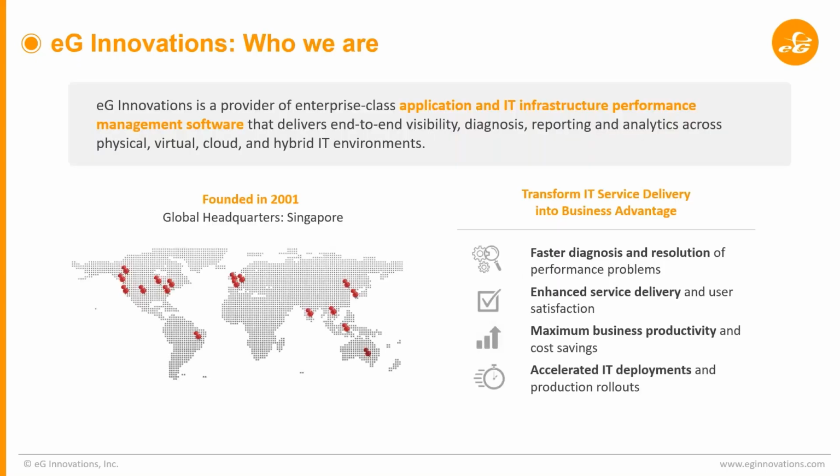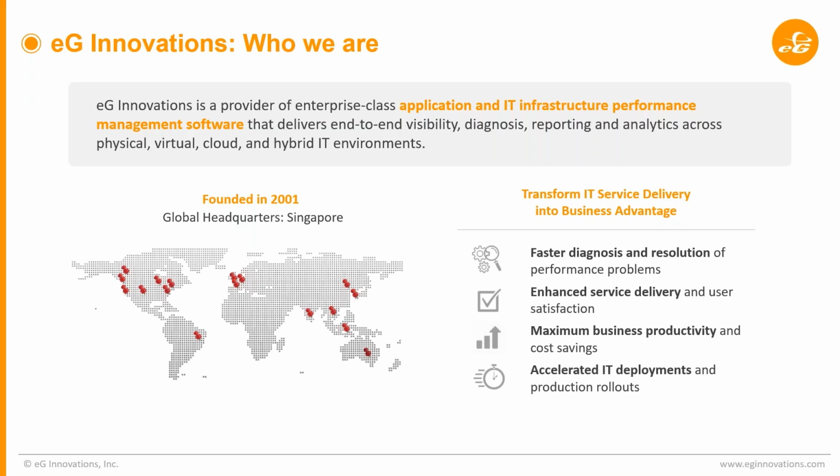So just a quick intro to EG Innovations. We are a leading provider of enterprise class application and IT infrastructure performance management software. Our solutions are aimed at providing end-to-end visibility, helping with diagnosis, and giving you the reports and analytics you need to understand how well your IT environments, whether they are deployed on physical machines, virtual machines, cloud, or in a hybrid environment, are performing.